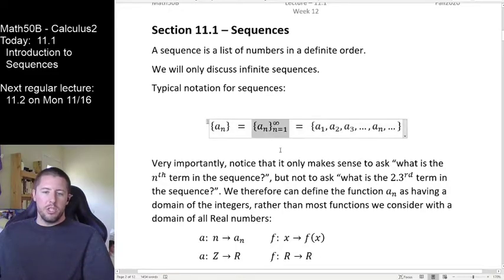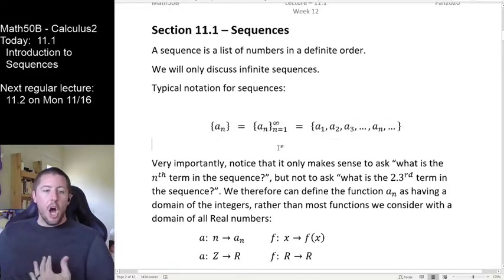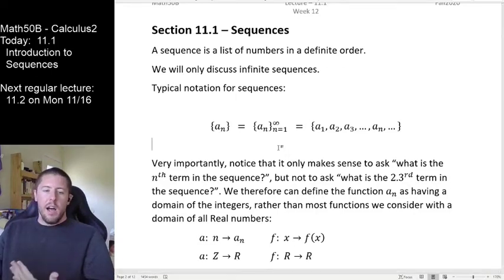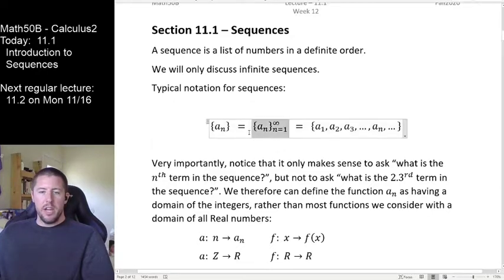If it's left off, it's assumed that it's from 1 to infinity, meaning all of the possible terms, from the first term out going infinitely far. It's pretty common to only indicate those lower and upper bounds if they are not 1 and infinity. So these two are the same as each other because it is implied that we're starting at the first term and going infinitely far when we don't indicate any of those other parts.